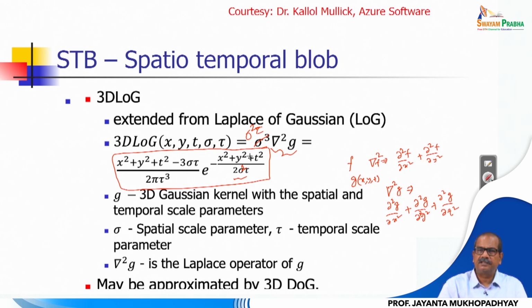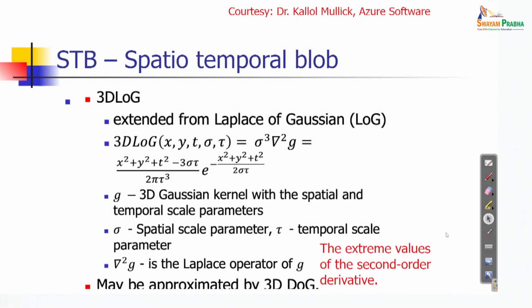So this is the function which is convolved, you perform the convolution of this function with the image, and then it is something like again difference of Gaussian operations for applying the detection of key points in SIFT descriptor. In this case also, what you do, you find out the extreme values of the second order derivative, and those extremal points are your key points.